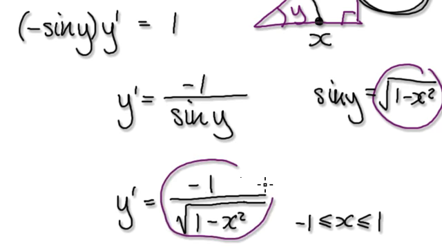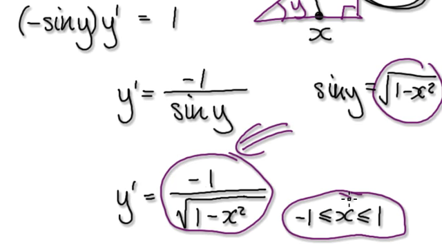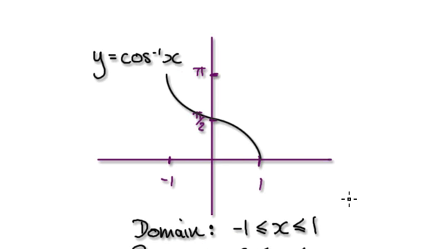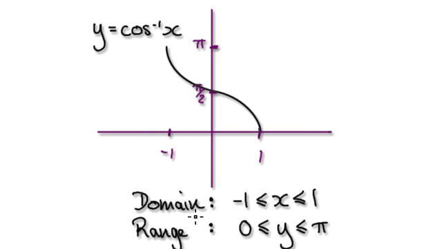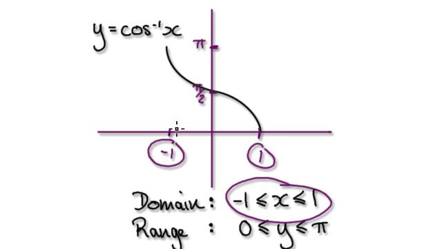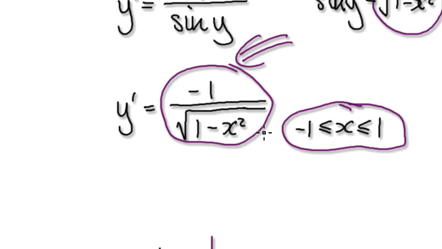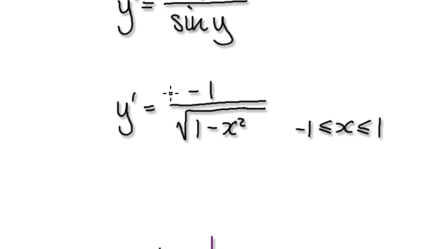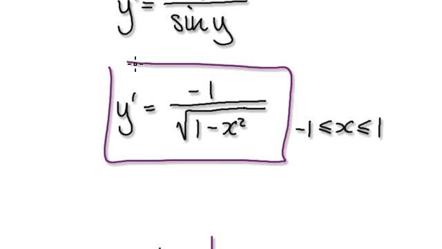So y prime equals this here, and don't forget this is only valid within this domain, because the domain for arccos is -1 to 1. The domain of your answer is only in that region as well. Okay, so overall y prime equals this.